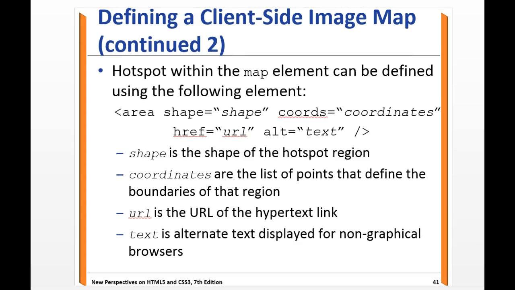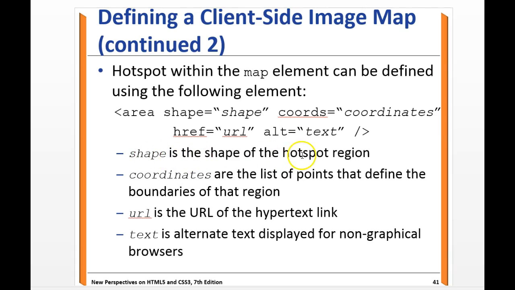So hotspots within the map element can be defined using this syntax. You put the area, you put shape equals shape, coords equals coordinates, and basically the href is the URL, and then the alt is the text, basically what describes that image.